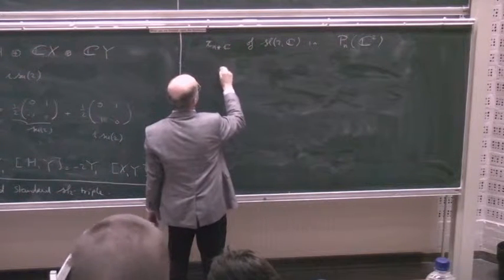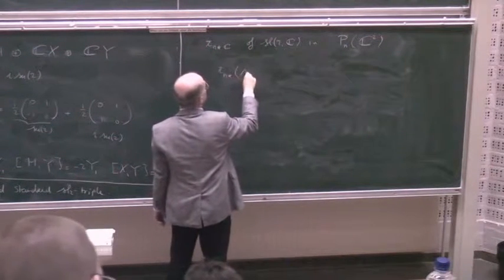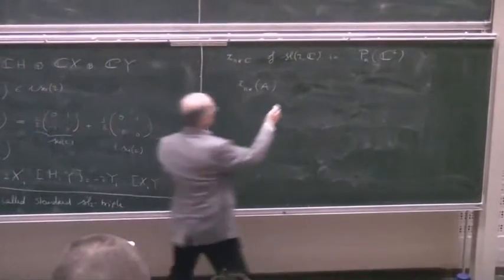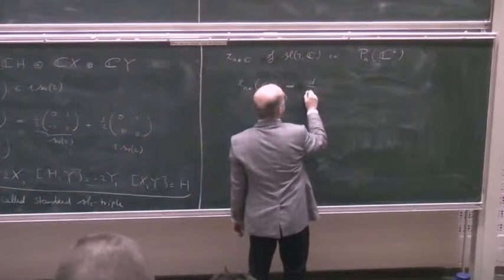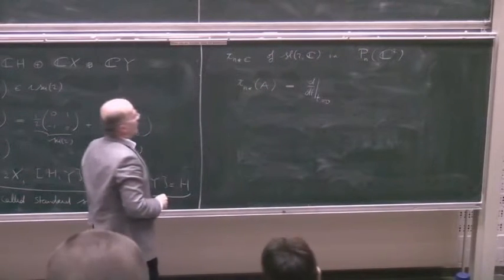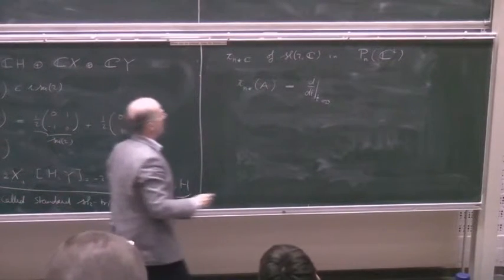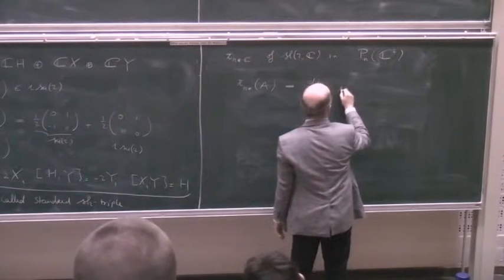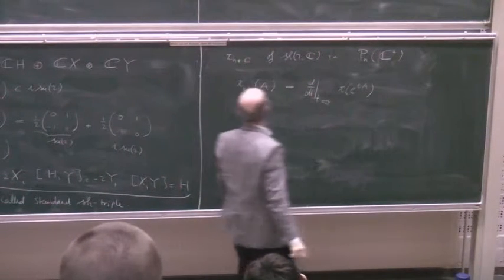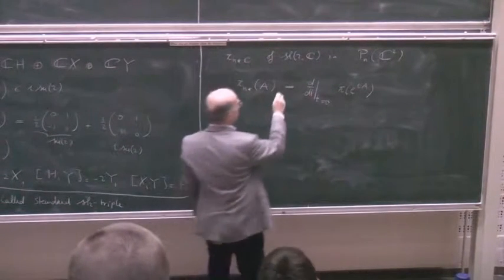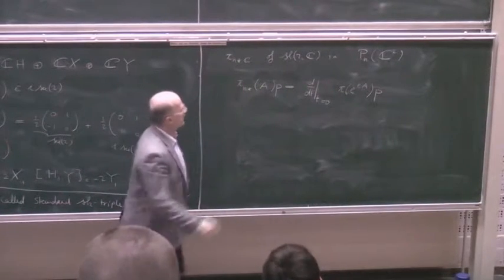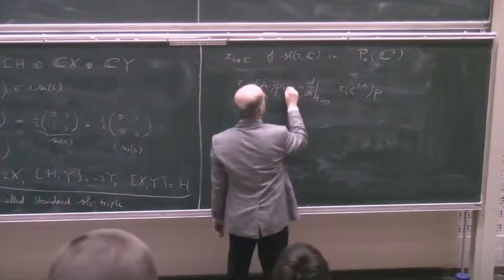So let's first write down the formula for the infinitesimal representation. This is given by d/dt at t is 0 of pi of e to the tA. Now if we want to apply this to a polynomial, then we take it this way. And let's calculate this in the variable z.